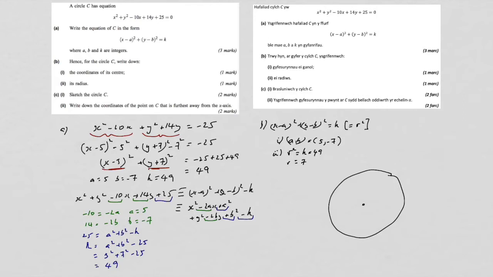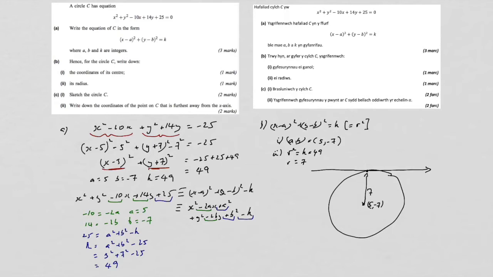Now, this point here, the y coordinate is minus 7 and the radius is 7, which means that that must be where y equals 0, or the x-axis is. So that's because that distance there is 7, and this coordinate is 5, minus 7.